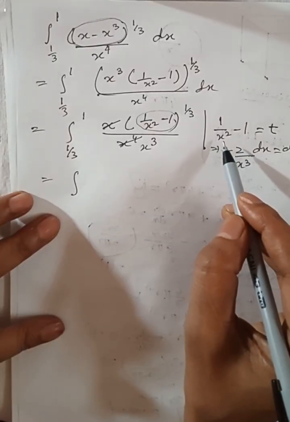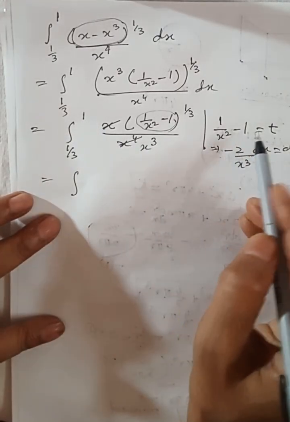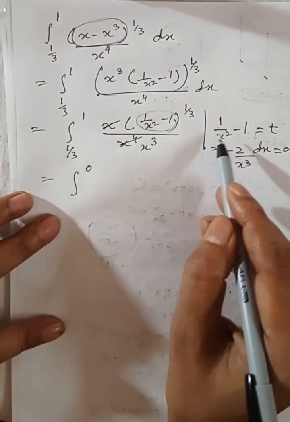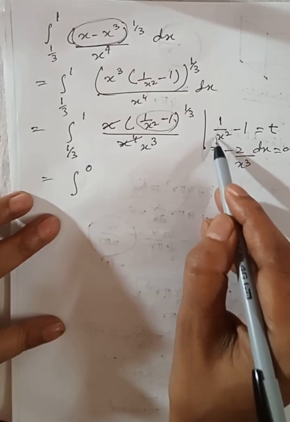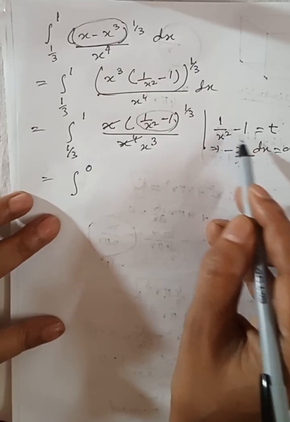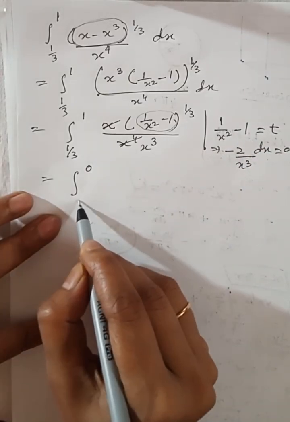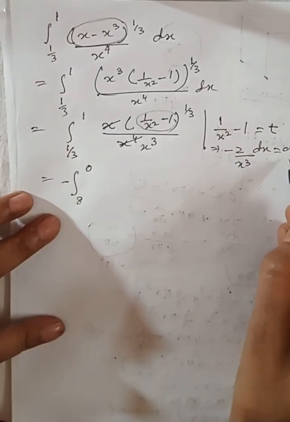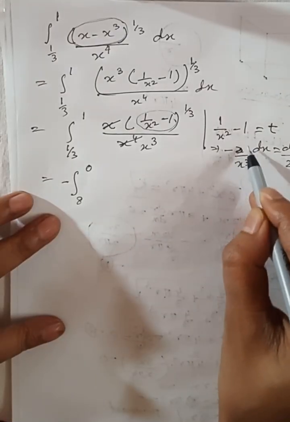When x is 1, that time t will be 0, and when x is 1/3, 1/3 cube means 9, 9 minus 1, 8. Minus, and 2 will come this side.